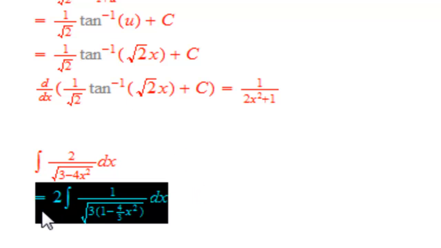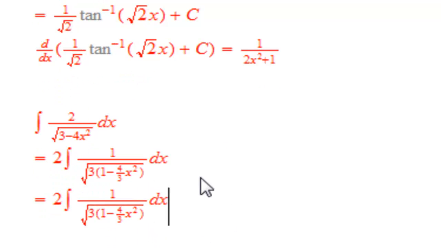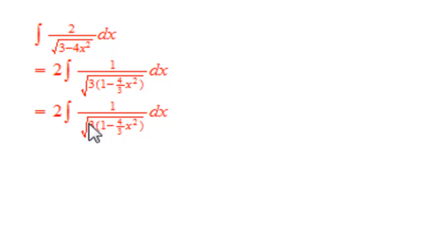Okay, now we can break up that square root. The square root of a product is the product of the square roots. So I can have the square root of 3 times the square root of 1 minus 4/3 x squared. So let's put a square root of 3 out front. And I'll put a multiply sign in here just to explain a little bit of what's going on.